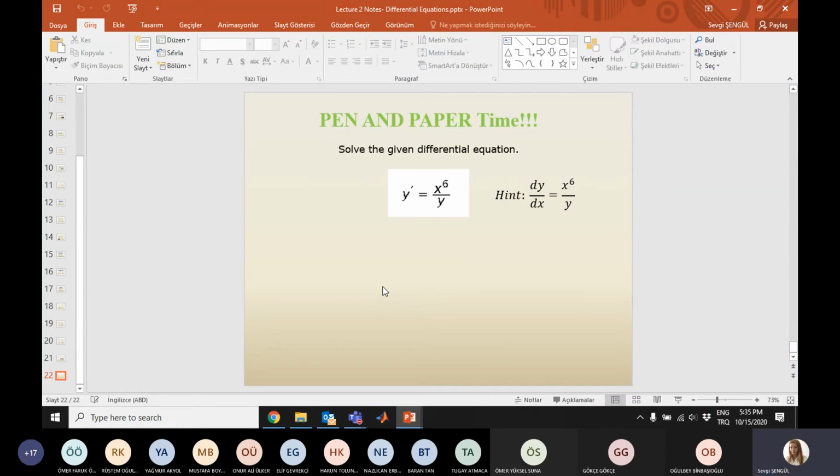Again, exactly. y dy equals x to the 6 dx, right? Write it on paper.